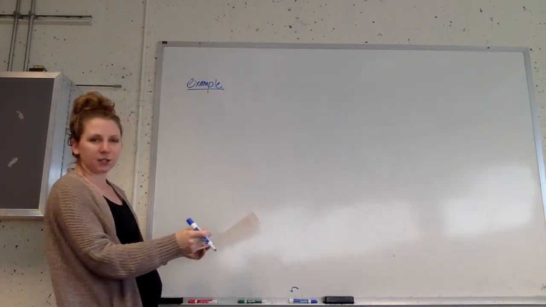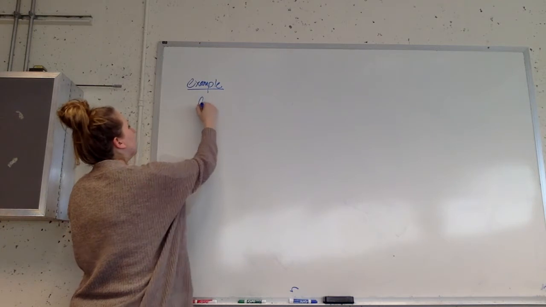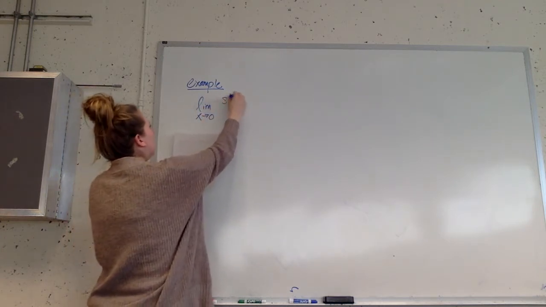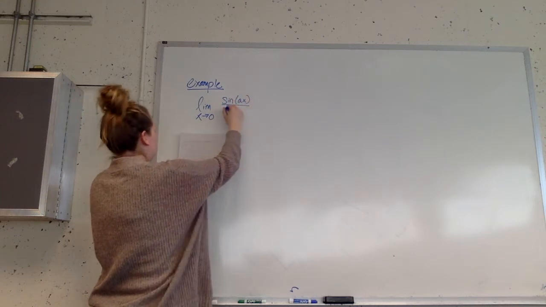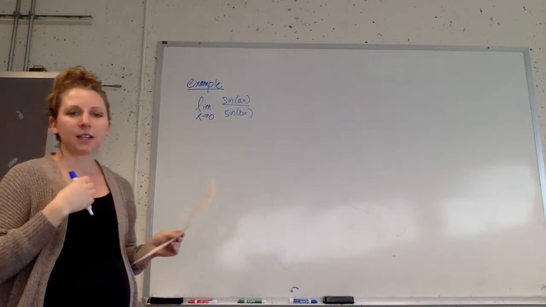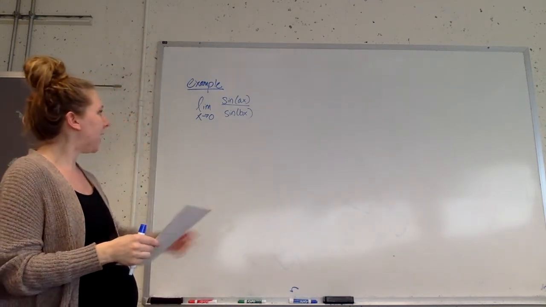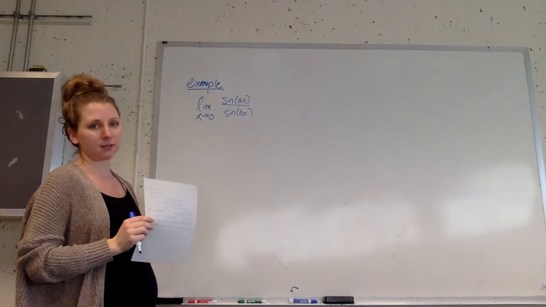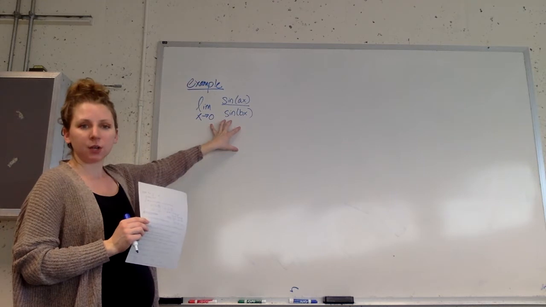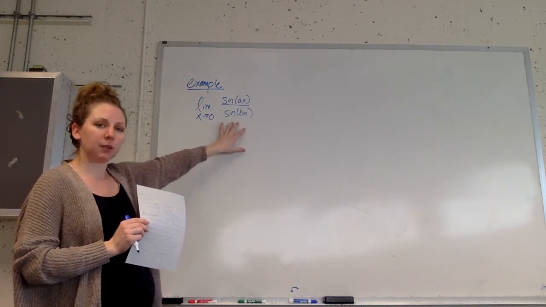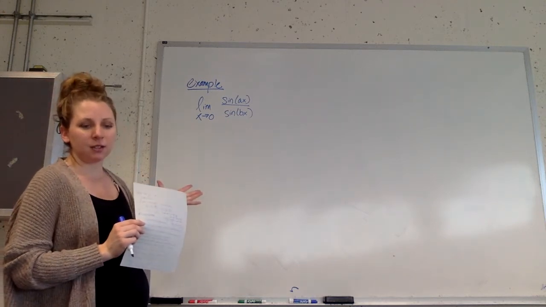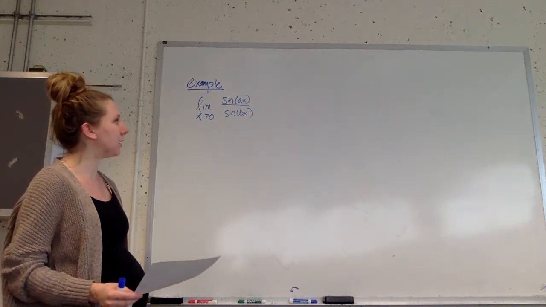So suppose we want to evaluate the limit as x goes to 0 of the sine of ax over the sine of bx. Limits like this pop up a lot. A couple sections ago, you actually graphically were going through limits like this. Now we're going to talk about it algebraically. How would you algebraically handle this?